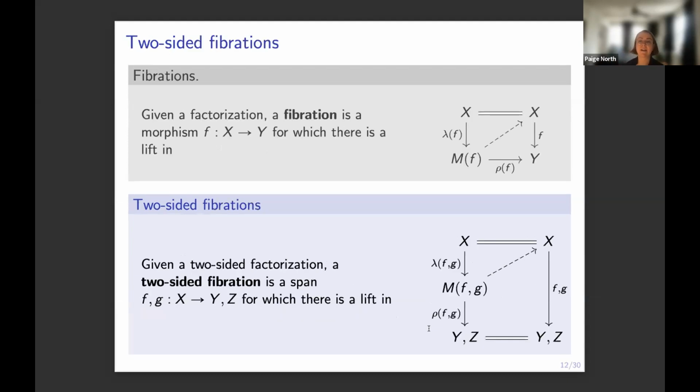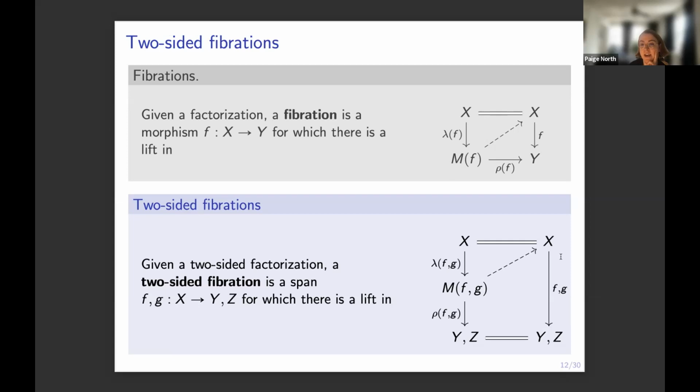And now we can define fibrations. So I guess there are different ways to define it, but I'm going to define fibration in a classical way like this. So F is a fibration if when we factor it and put those factors here and identity here, we get a lift.